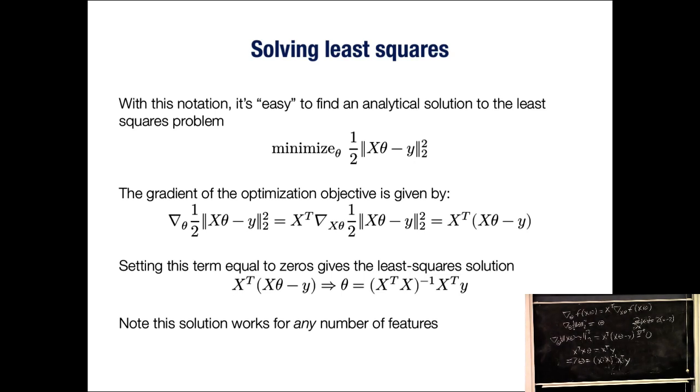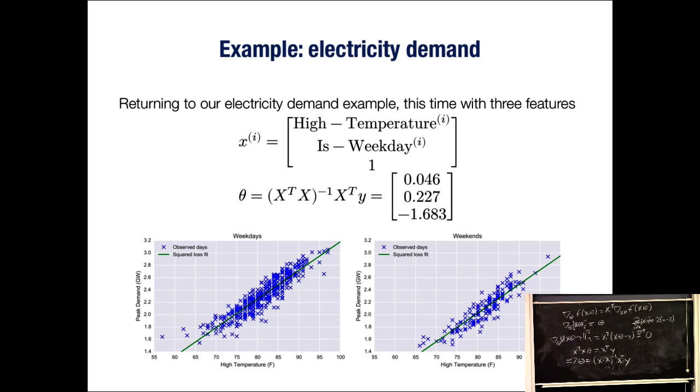And as a quick example here, I can actually use it on the same data to construct this feature vector where we have the high temperature, the weekday, and a constant term. You solve just this equation like this. You get coefficients for each of these three terms. So theta is now a vector in R3 because there are 3 features.